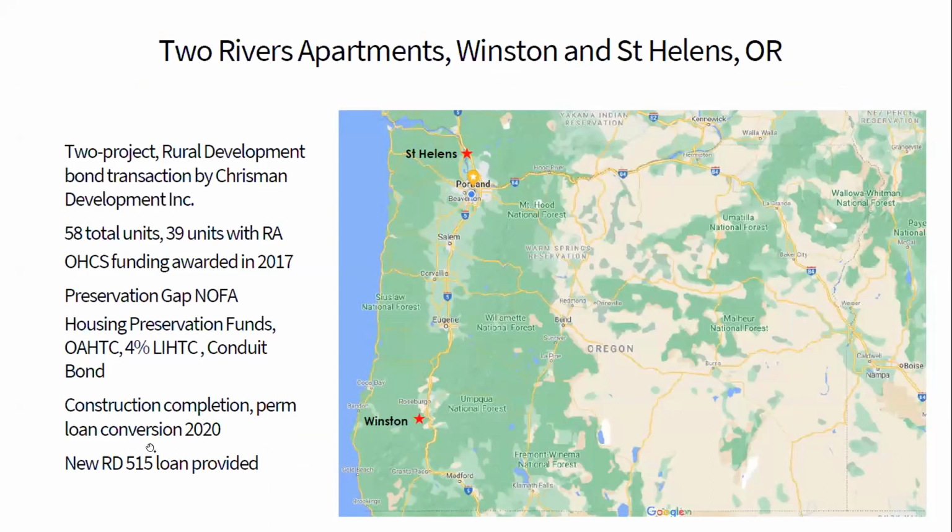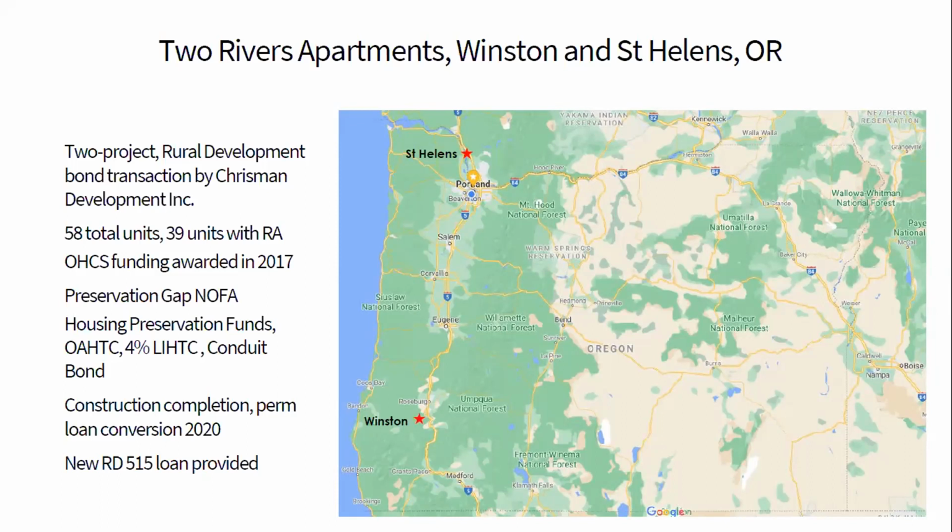Just a quick summary of the property and a map that shows you where it's located. The 2 properties: St. Helens, Oregon, up in the very northwest corner of the state, and then Winston, which is down by Roseburg on the I-5 corridor in the center south part. Total 58 units, 39 with rental assistance, and Oregon Housing was awarded funding for this transaction in the Preservation Gap NOFA in 2017.